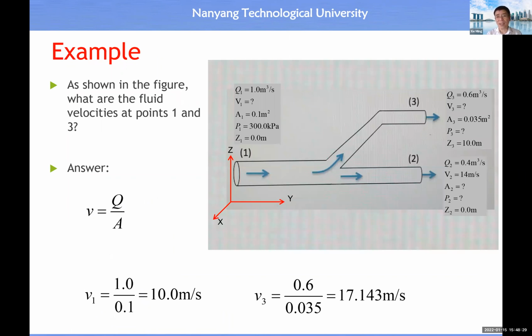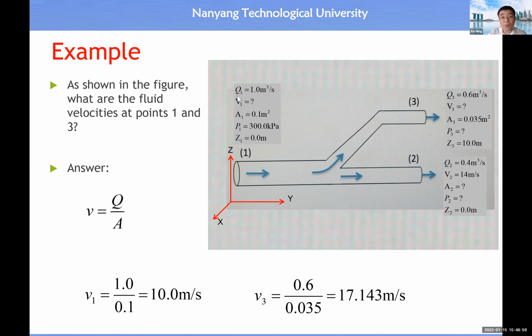So second example is showing you that we have this pipe system. Then we observe points 1, 2, 3. Assume for whatever reason we know partial information at point 1, partial information at point 2, partial information at point 3. Now we want to know, from these related values, what should be the velocity of the fluid at point 1 and the velocity of the fluid at point 3, right?